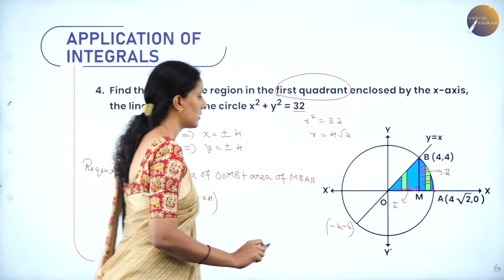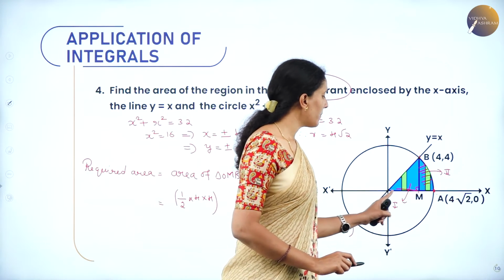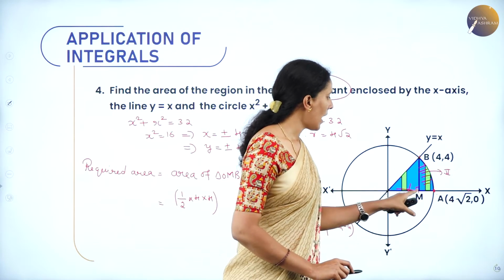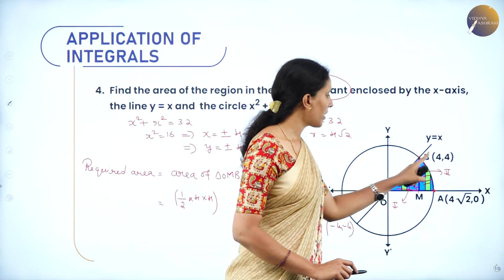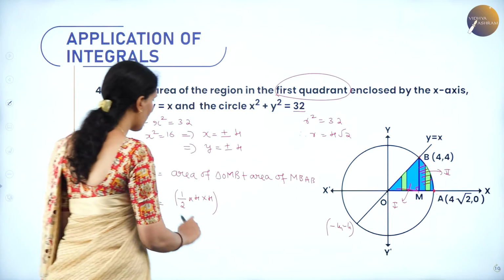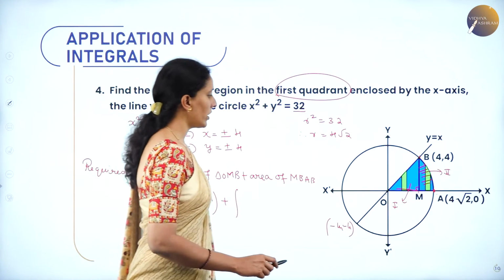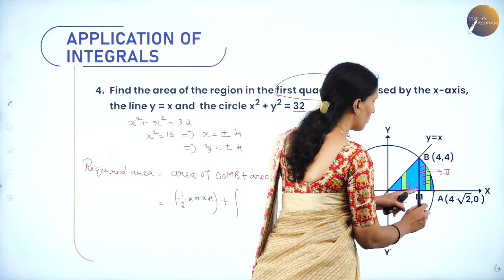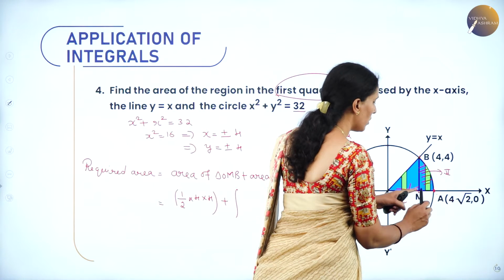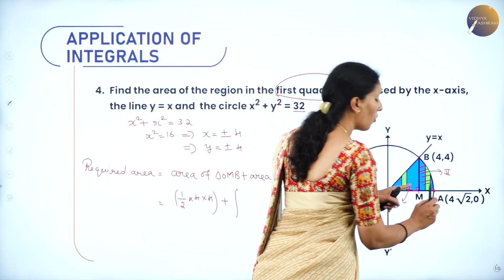Because this is the base, OM is the base whose distance is 4, and BM is the height of the triangle whose distance is 4. So half into base into height, and here the area of this region starts from, so what is this point? This point is 4. So it is 4 to 4 root 2.